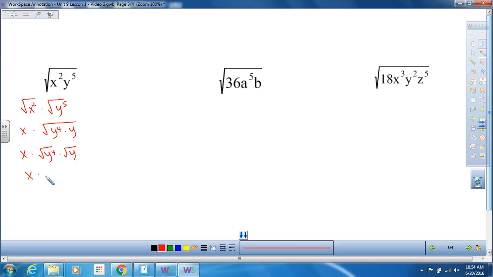So square root of y to the fourth is y squared, just half, and then you have this y left over. Then what you do is you combine everything on the outside of the radicals and then combine everything on the inside. So I can put these two together, which is just x y squared times square root of y.